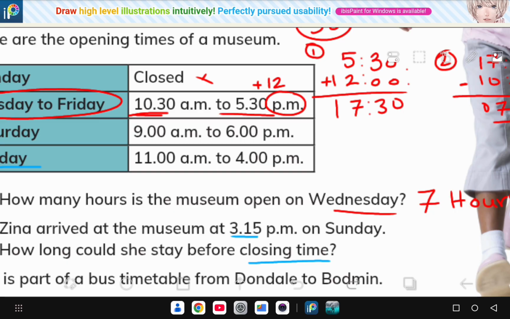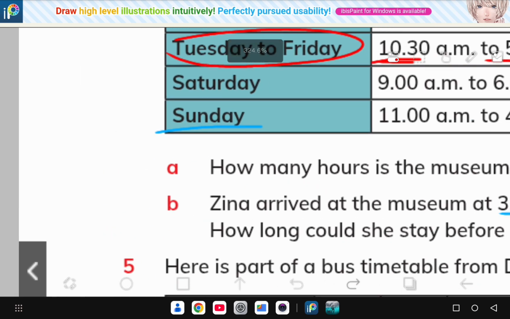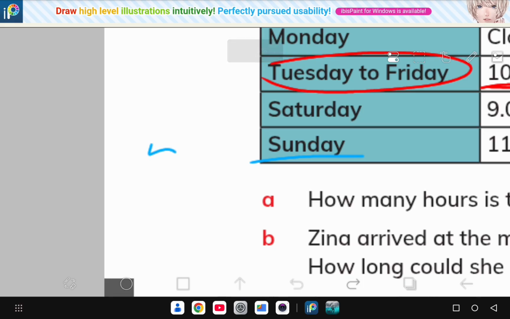My smart students are gonna yell and say 45 minutes because I still have 45 minutes for the hour to be 4. But just in case we can re-explain it, we can just subtract. It closes at 4 and she arrived at 3:15.